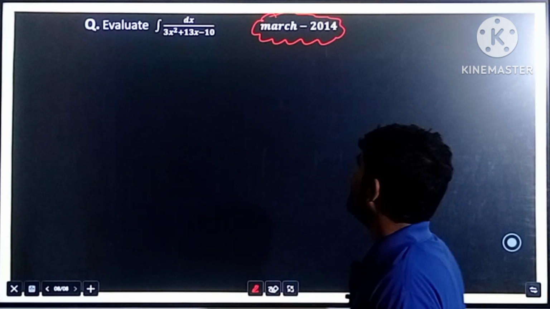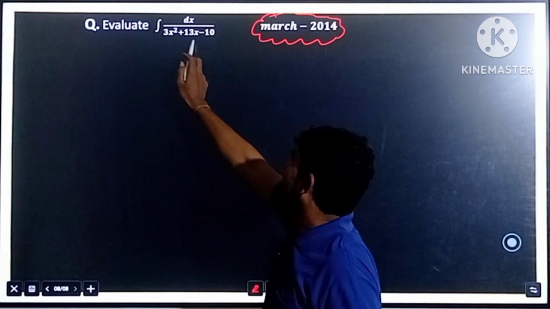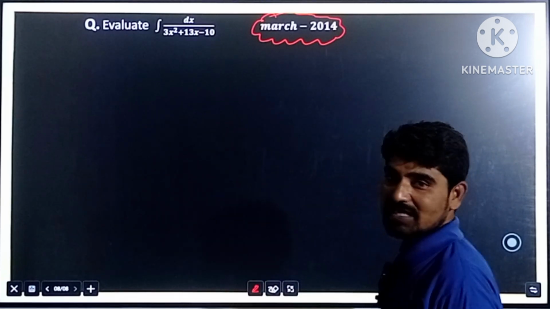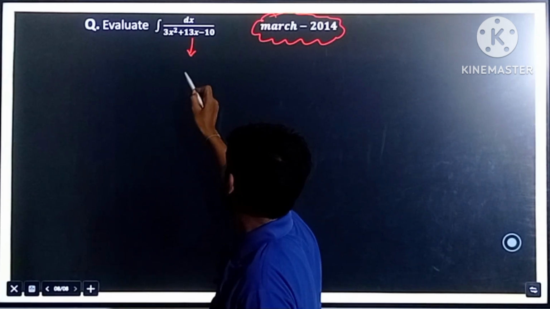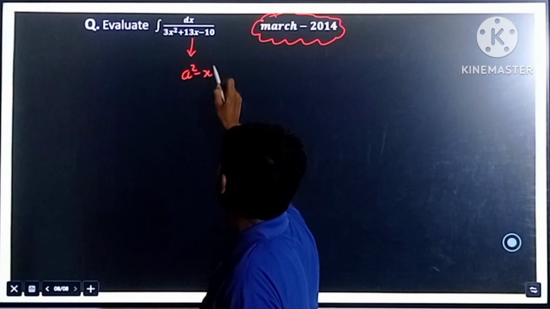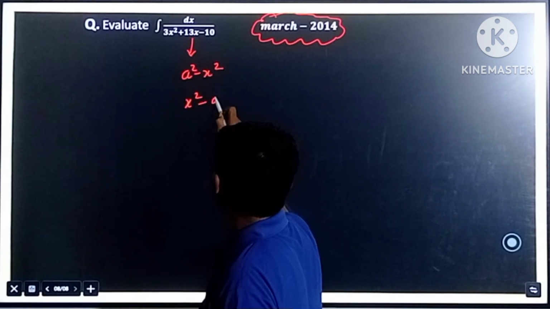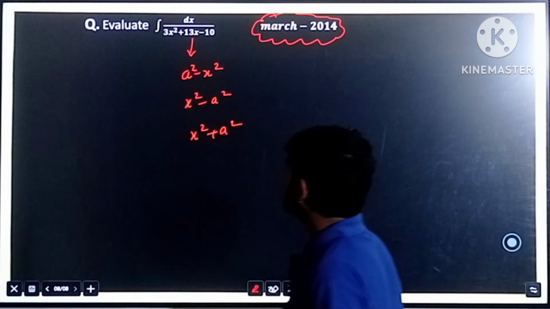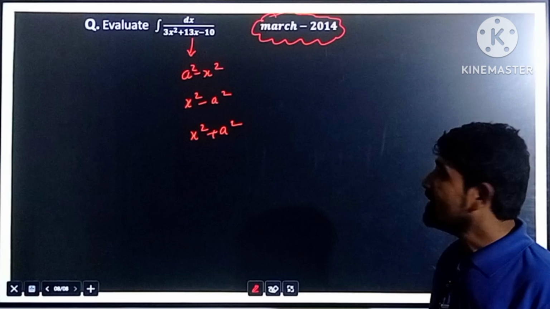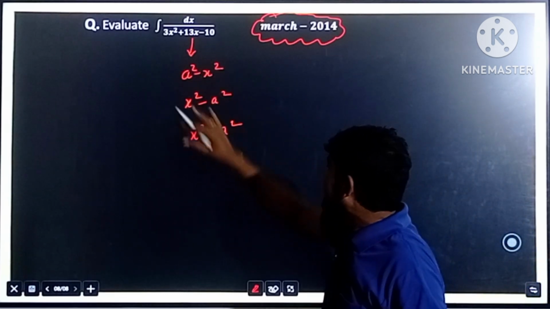Again, this is of the form integration of dx divided by ax square plus bx plus c. So first we need to convert this form to either a square minus x square, or x square minus a square, or x square plus a square. By using the completing the square method, we need to express it in this form.